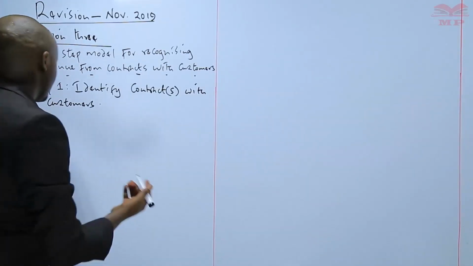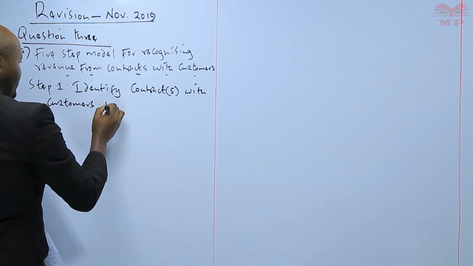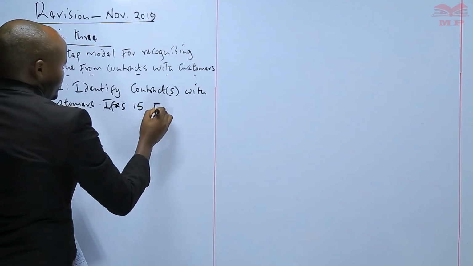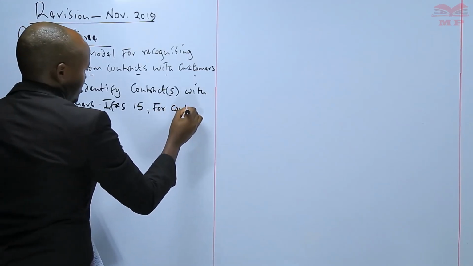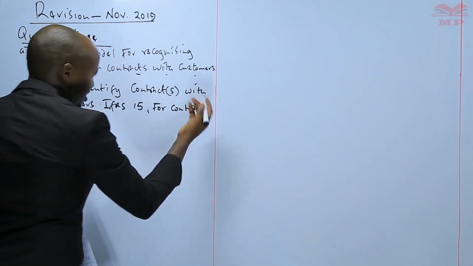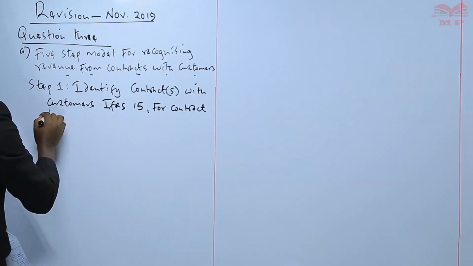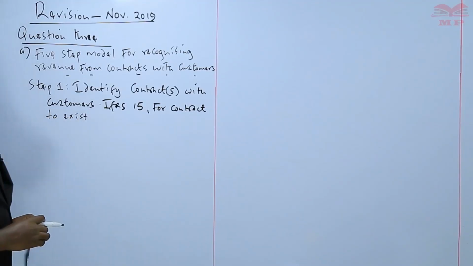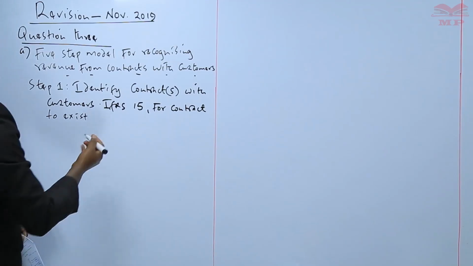And basically in this case, according to IFRS 15, for a contract with a customer to exist, there are those particular conditions which need to be fulfilled.